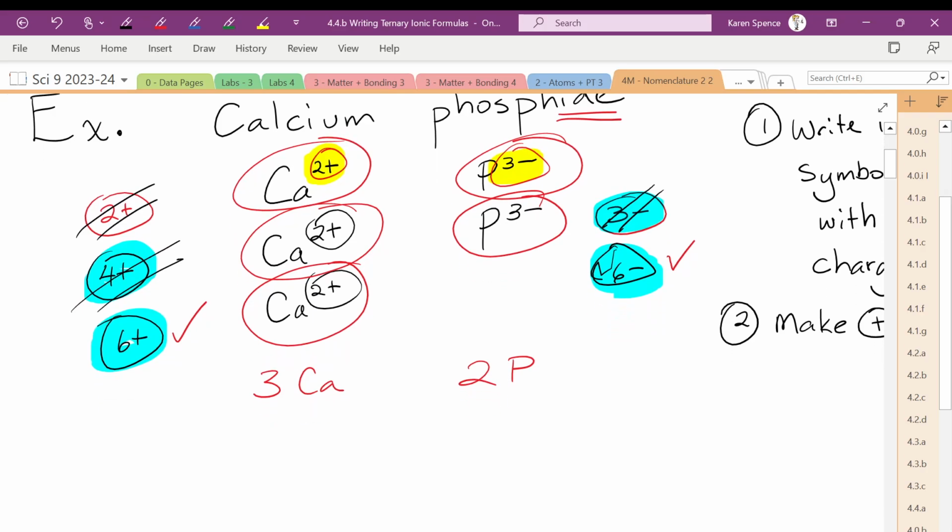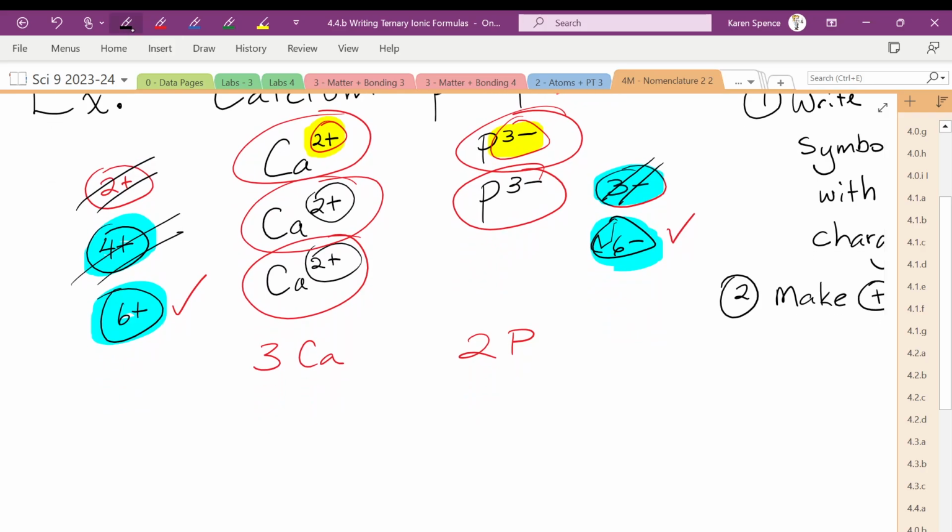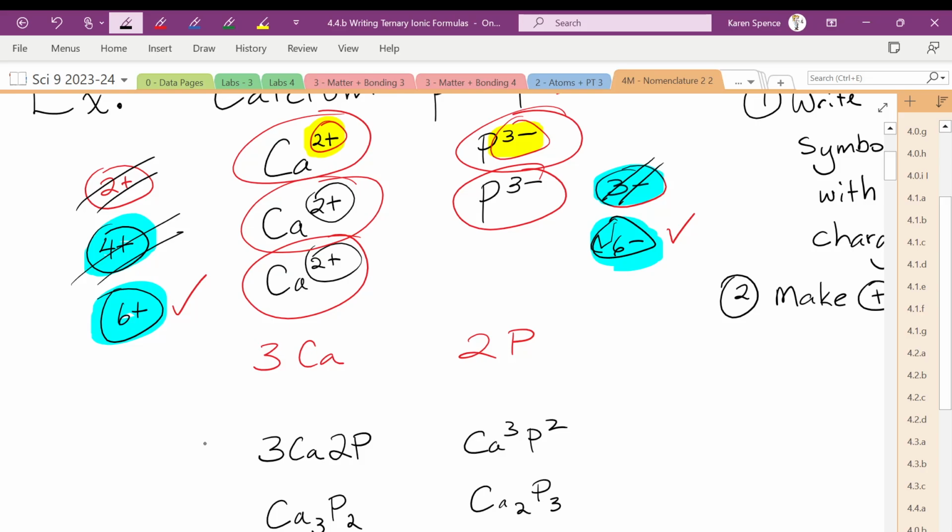I'm going to give you some choices as to what you think the formula should be. Which choice do you like?